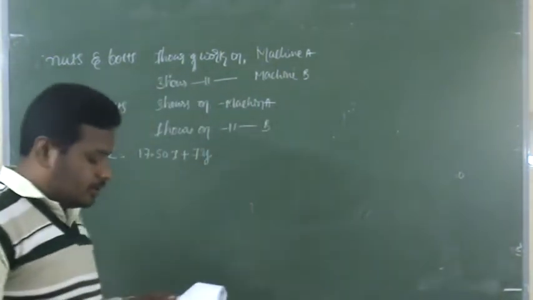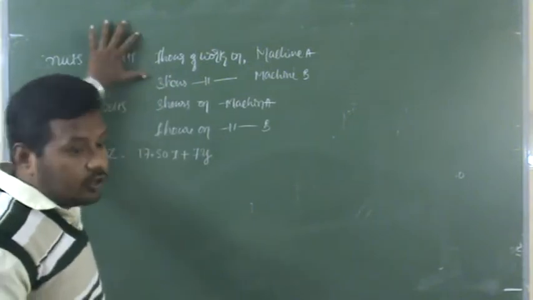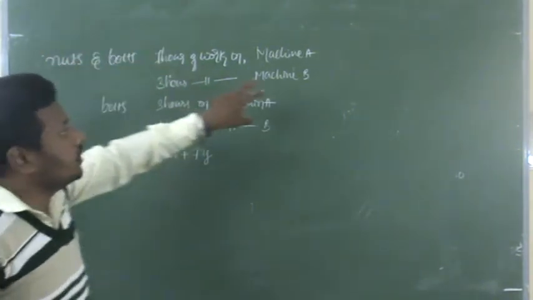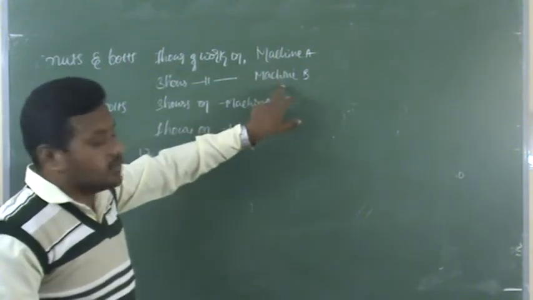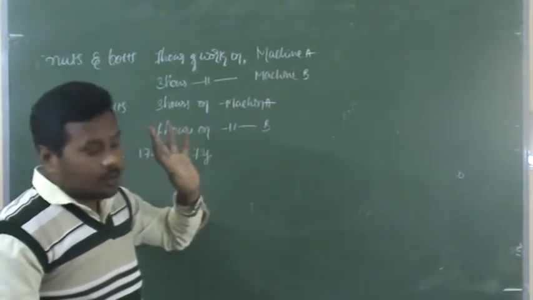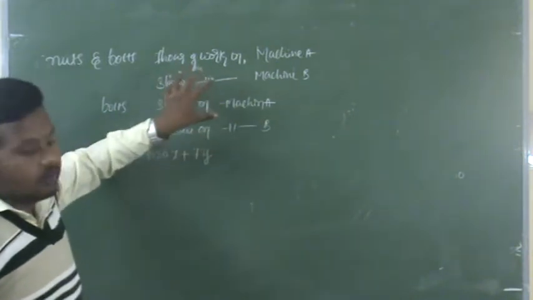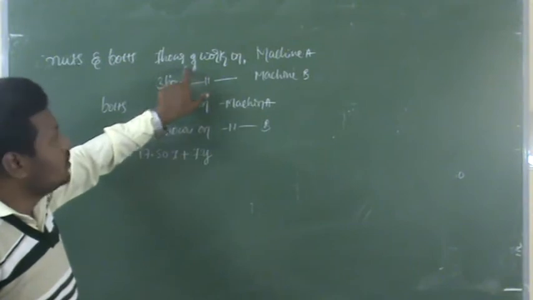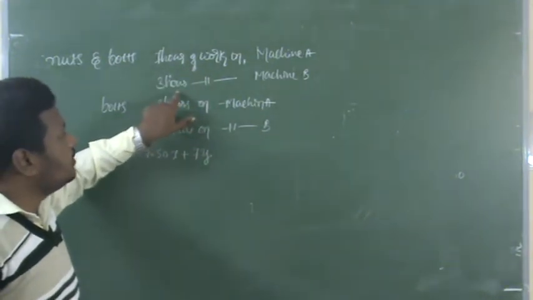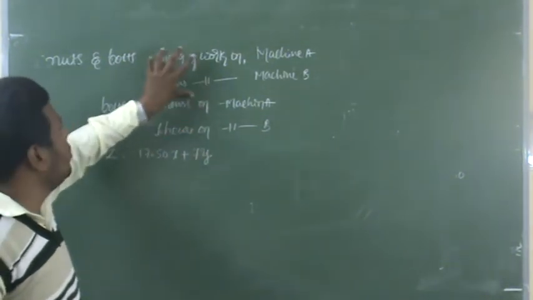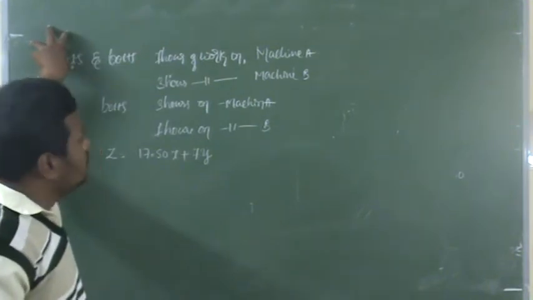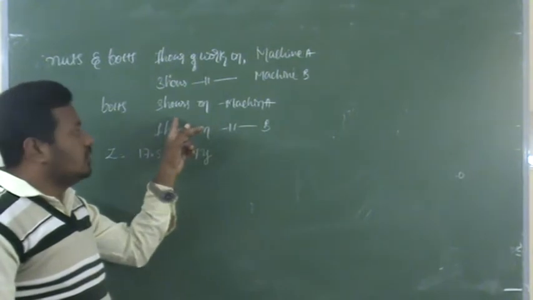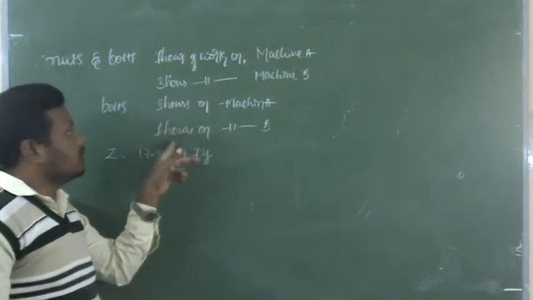Here the manufacturer produces nuts and bolts, and there are two machines, machine A and machine B. For a nut, machine A takes 1 hour and machine B takes 3 hours. For a bolt, machine A takes 3 hours and machine B takes 1 hour.